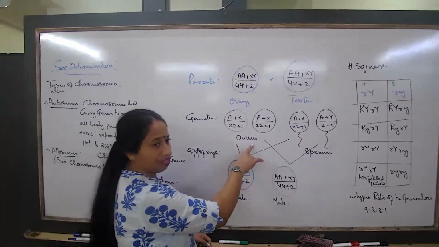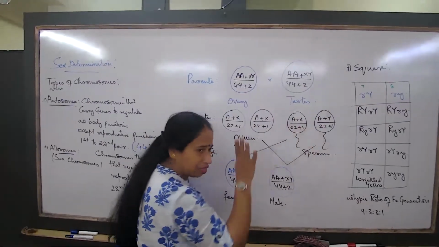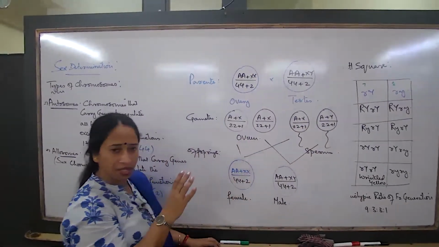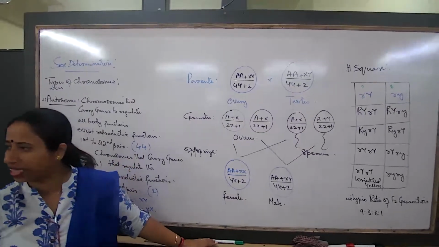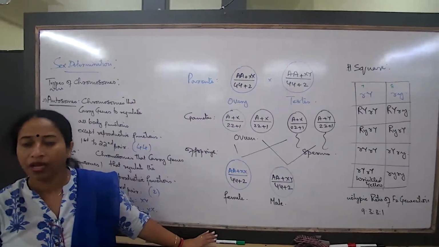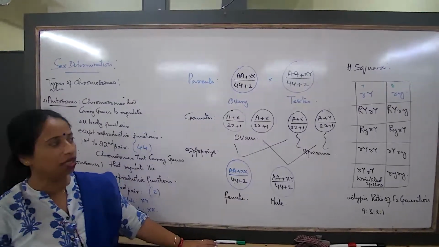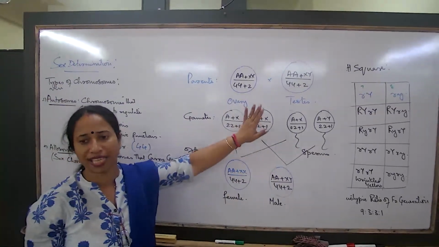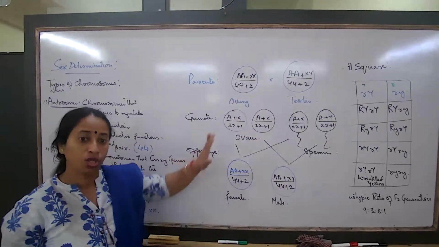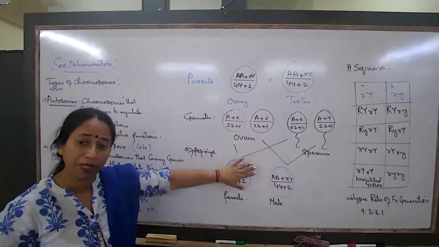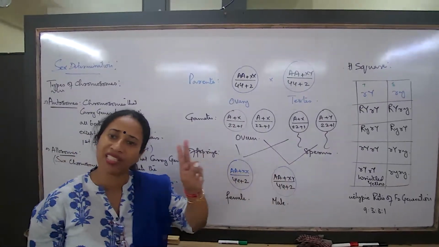Because whether this ovum will fertilize with this or this, can the male or the female body regulate this process of fertilization? It is just a matter of chance. We had studied in the entire concept of reproduction, process of fertilization of the gametes inside the female body, just a matter of chance. So when you get questions, what is the probability fertilization will give rise to a male or a female offspring? Answer is 50%.